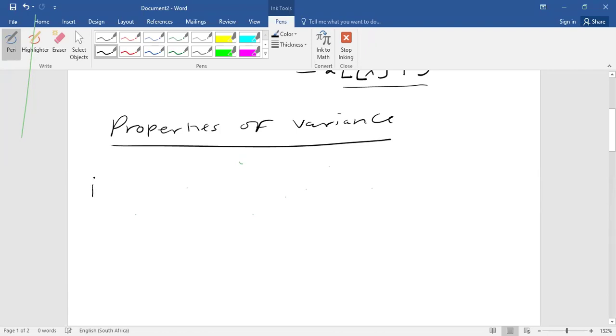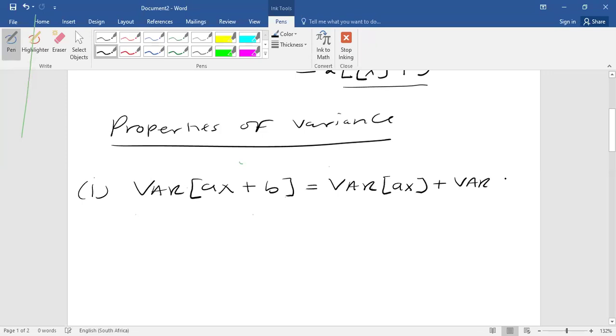So number one, the linear property for variance: if you have the variance of AX plus B, what this simply means is that you can split it into two, as the variance of AX plus the variance of B. But then the second property tells you that if you have the variance of AX, remember for expectation, this constant A, we were just bringing it out.